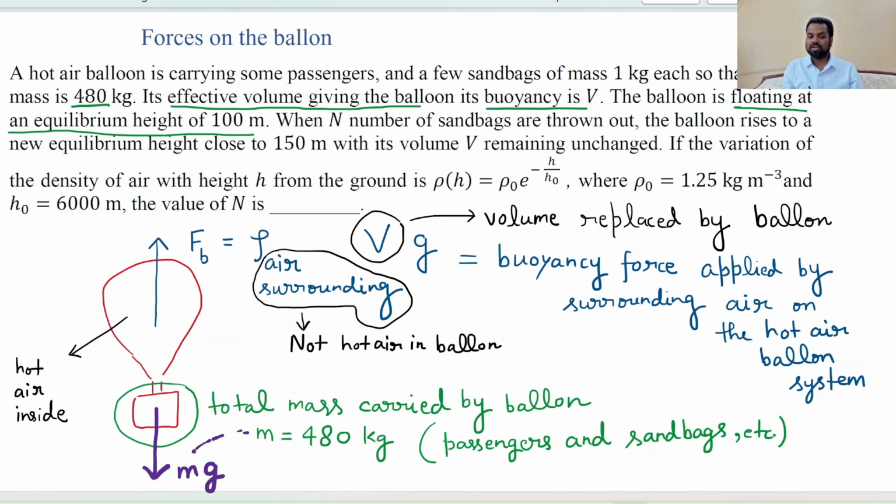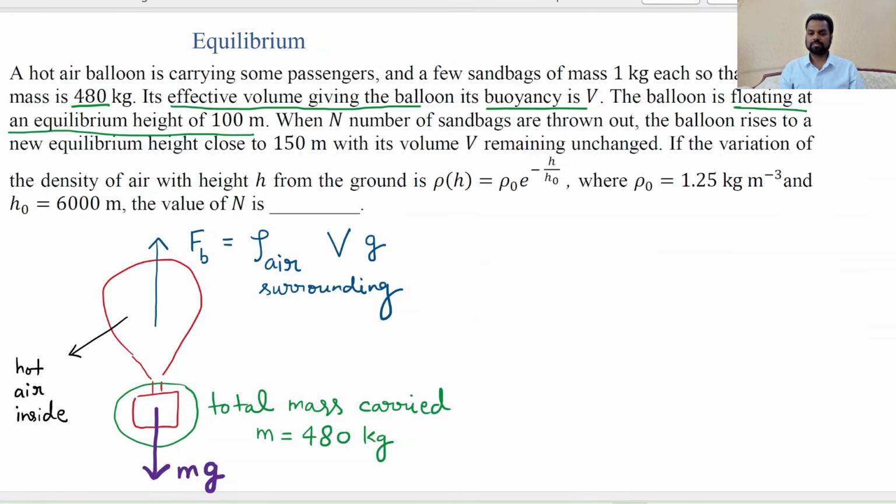M is the total load being carried by the hot air balloon. So for equilibrium, the total force will be 0.